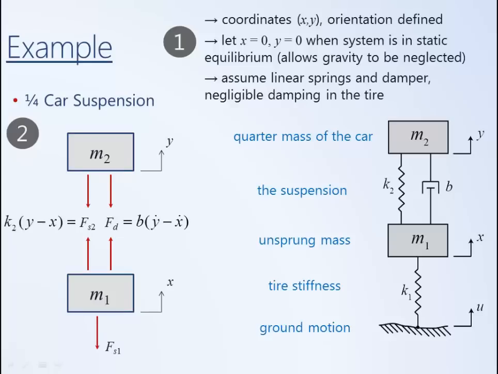And again, the force generated will be proportional to the deformation of the spring, where the top moves with displacement x and the bottom of the spring moves with displacement u. Therefore, that's an expression for the force generated by that spring.